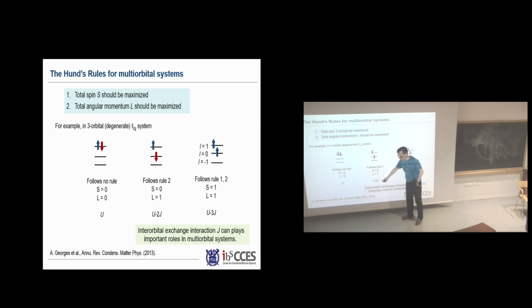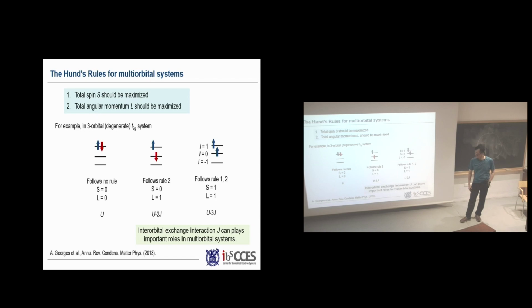But if you try to satisfy those 2 rules, you have to make the total spin large. So you have to put these 2 here, so S equals 1. The total angular momentum L equals 1. In this case, if you do the calculation properly, you will find the energy is U minus 3J. That was all done by Georges et al. from Paris.